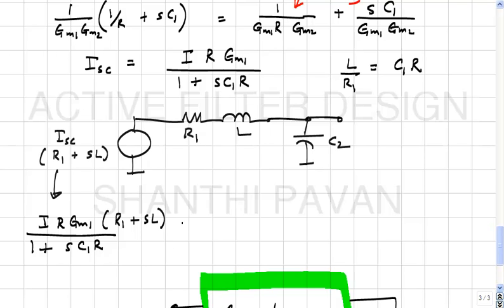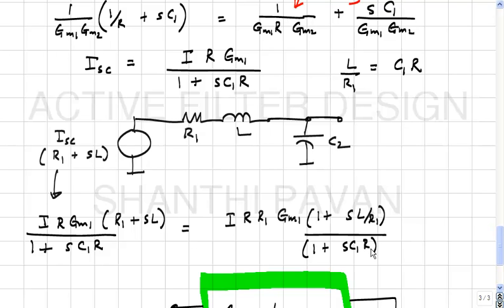Okay. So this is nothing but I times R1 times GM1 times 1 plus SL by R1 divided by 1 plus SC1R, and what is this? L by R1 is the same as C1R, so this goes away.